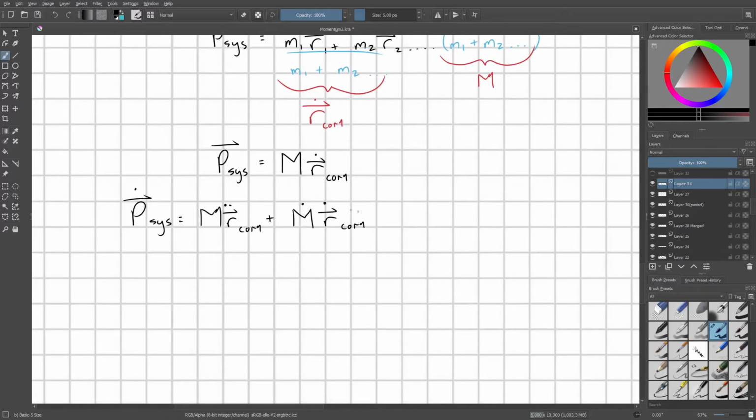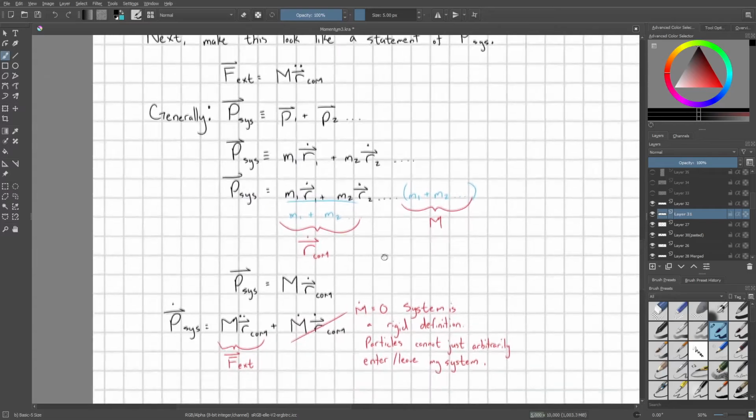What we really should have had would be that the time derivative of my momentum would be equal to m times r double dot center of mass plus m dot times r dot center of mass. This is just by the product rule.